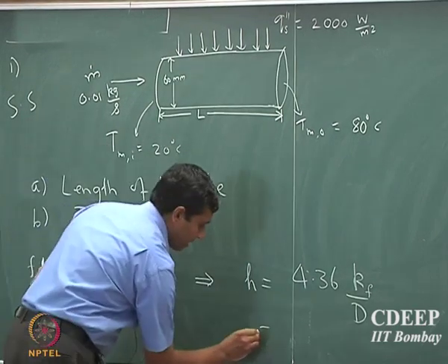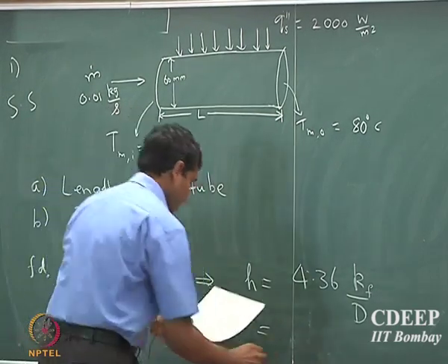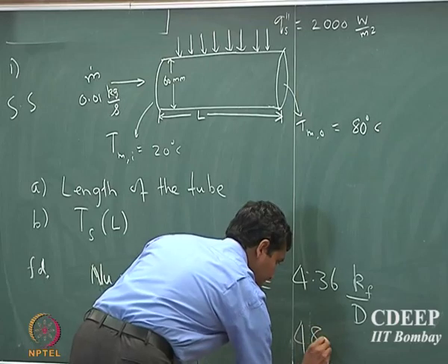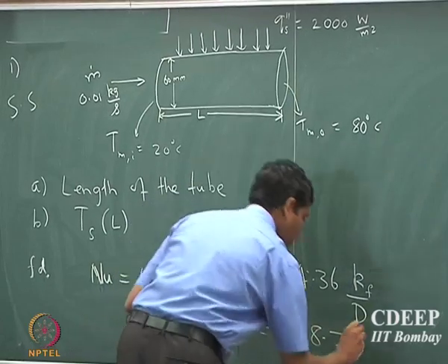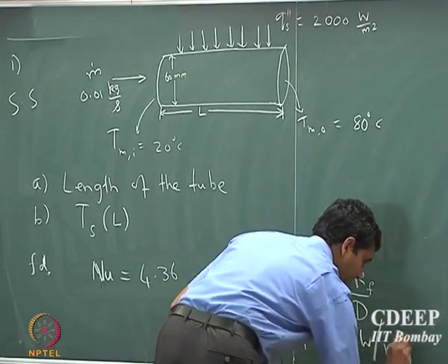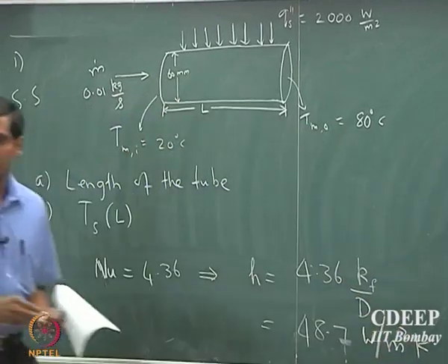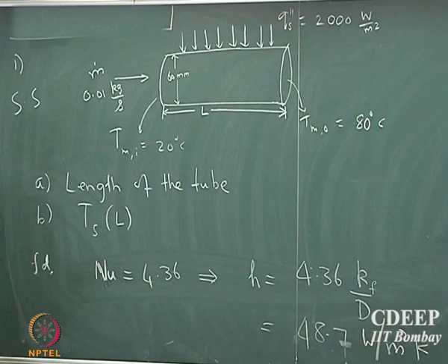So if I throw in these numbers, there will be 48.7 watt per meter square Kelvin. Now, how do we know whether it is really fully developed or not?